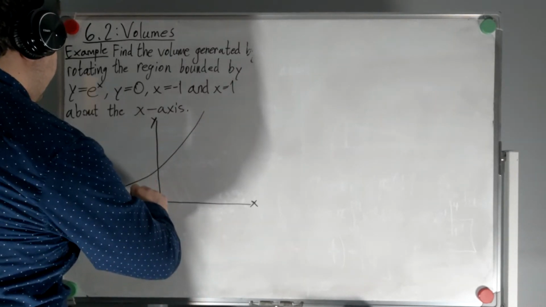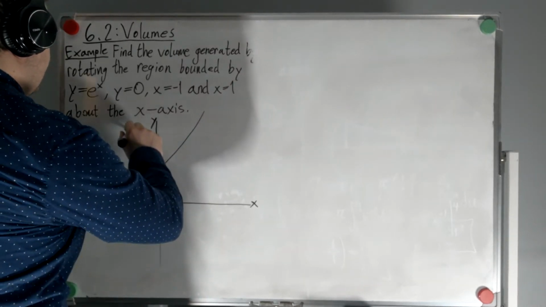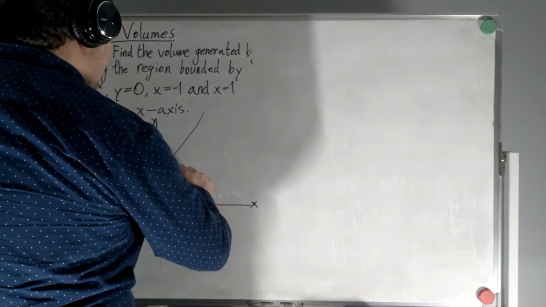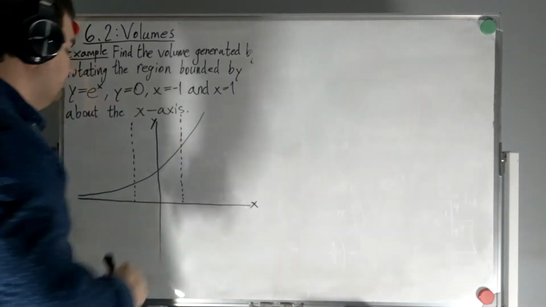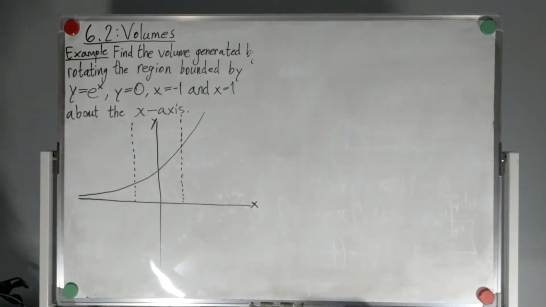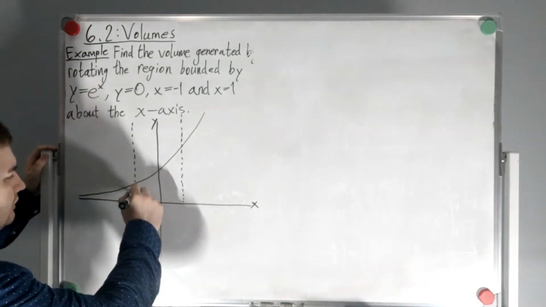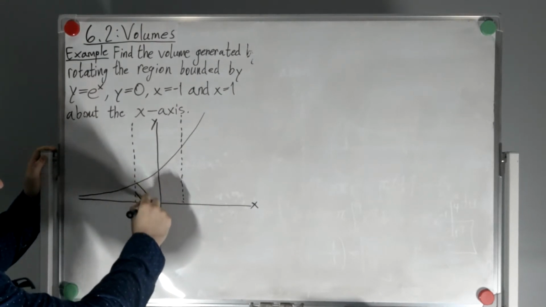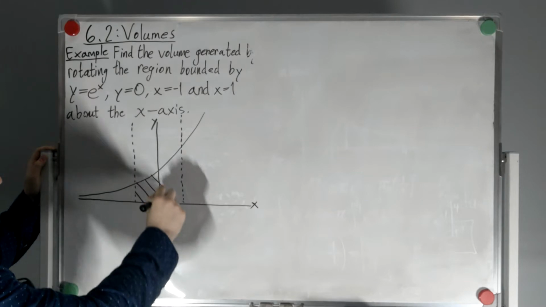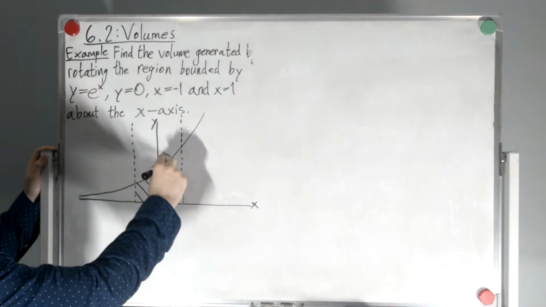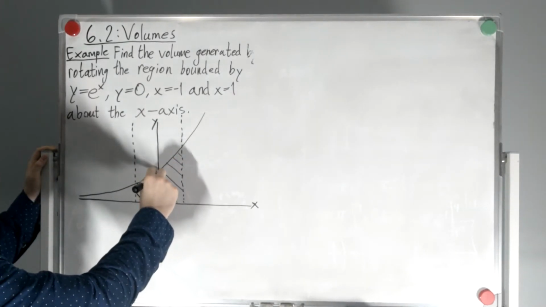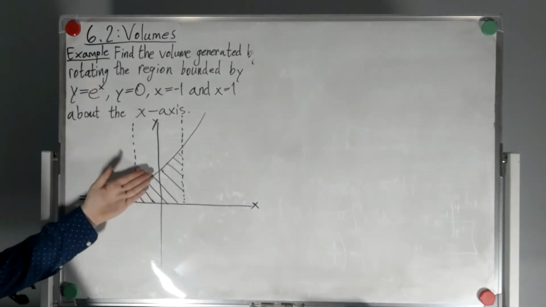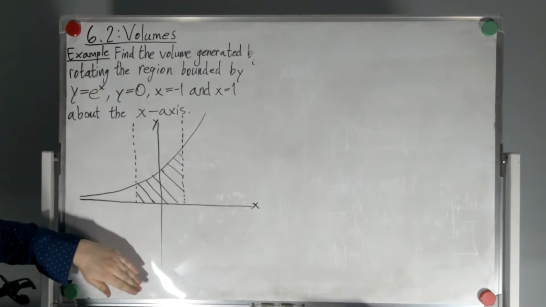X equals negative 1 is a vertical line. X equals 1 is also a vertical line. So we have a region that kind of looks like, well, it's the interior right here. So it kind of looks like this. That's the region. We're wanting to revolve that around the x-axis.